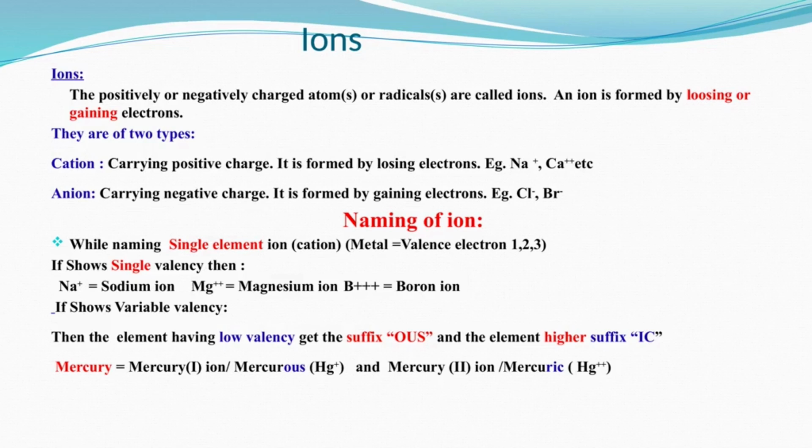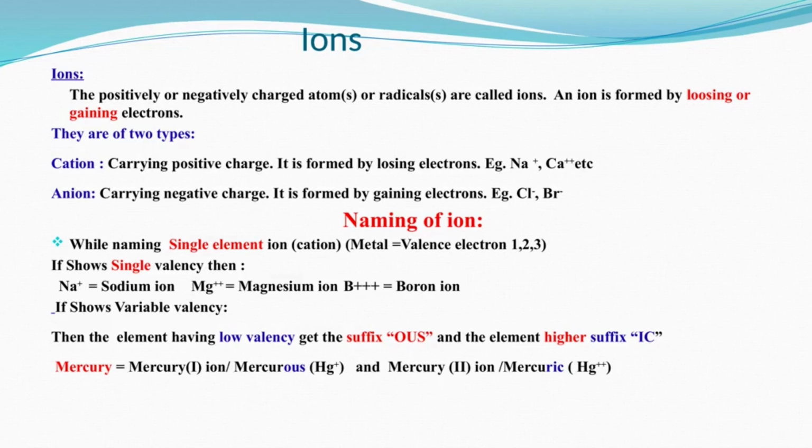And anion means any particles or atoms or radicals that carry a negative charge on them are called anions. And how are they formed? They are formed by gaining electrons, like the chlorine ion, which we have already explained.